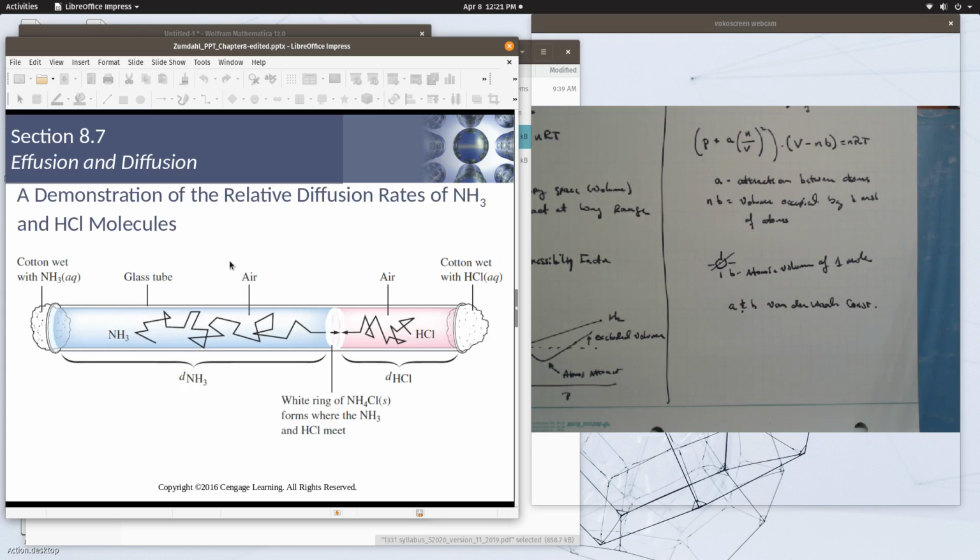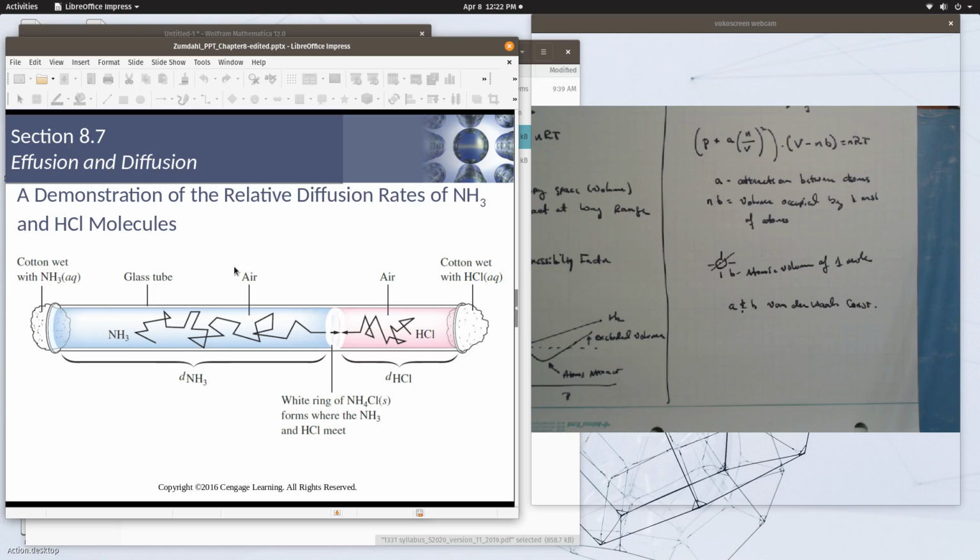Diffusion is again looking at how well the mixing of these two atoms occurs, and again the diffusion constant is going to be related to the mass ratio as well.